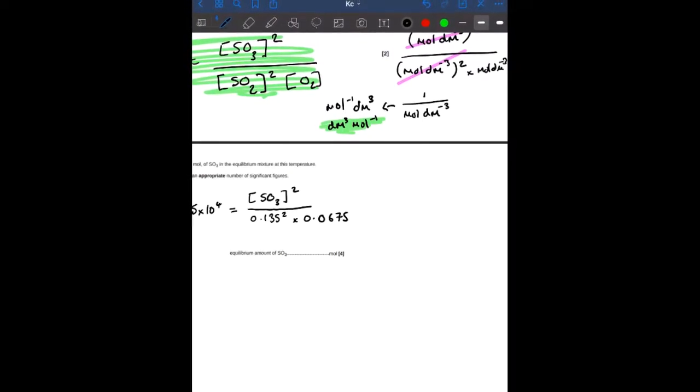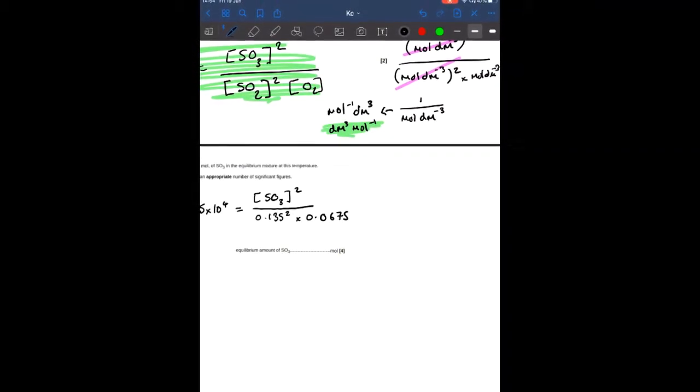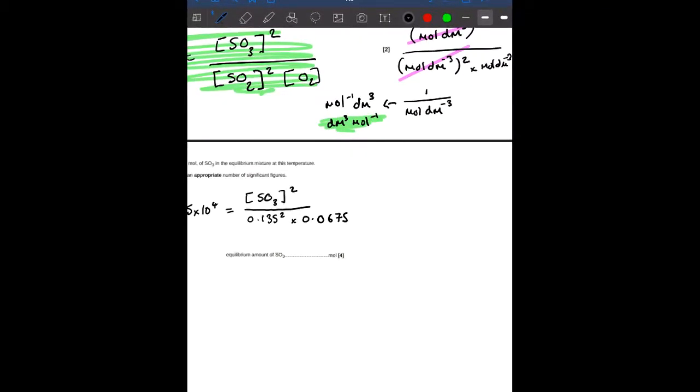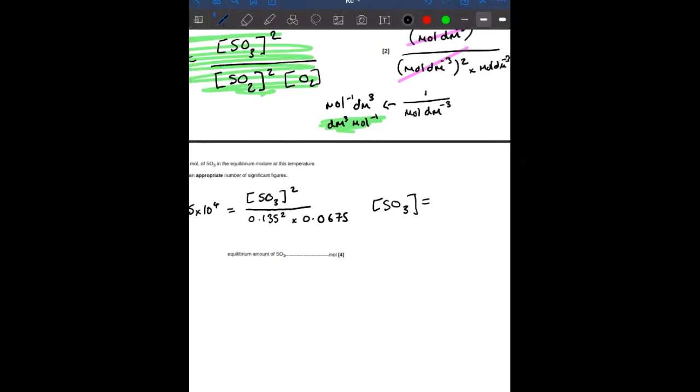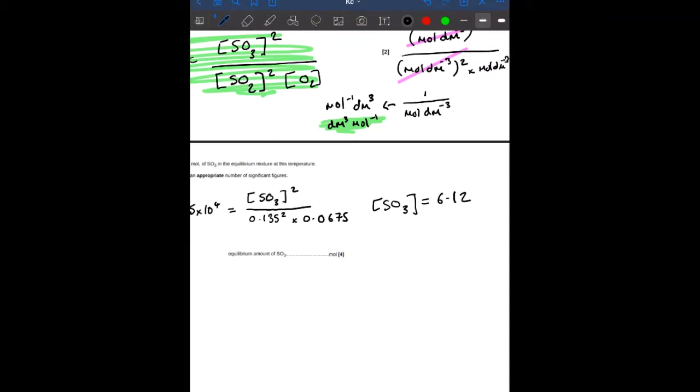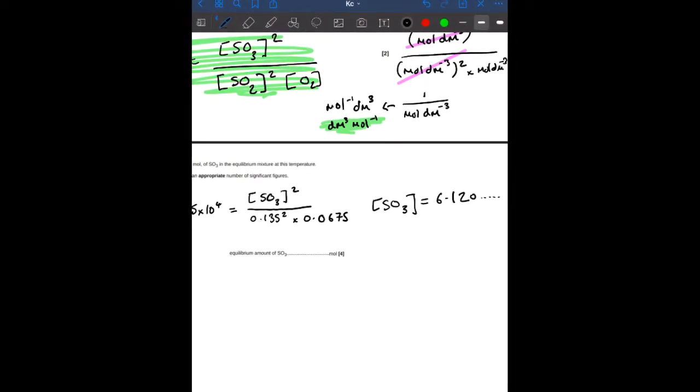So we can rearrange it and we get the concentration of SO3 equals 6.120. Remember, don't round, keep your calculator value. That's what I've done. So what we now know is we've got the concentration.